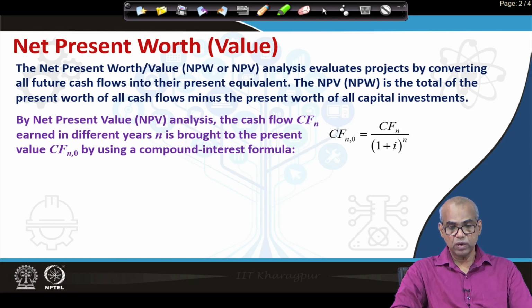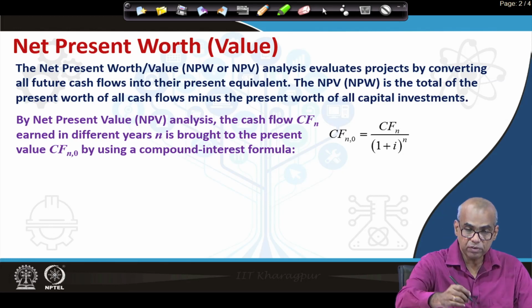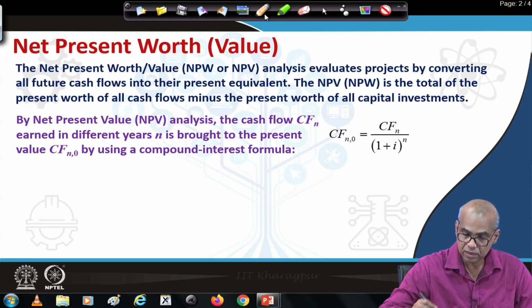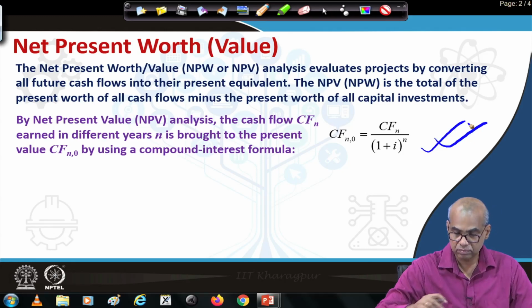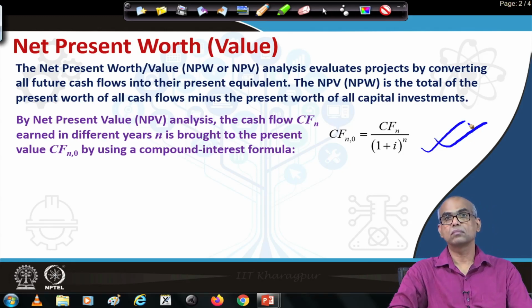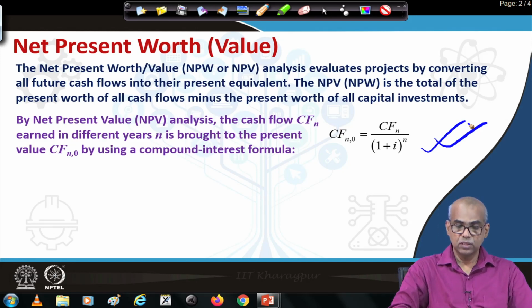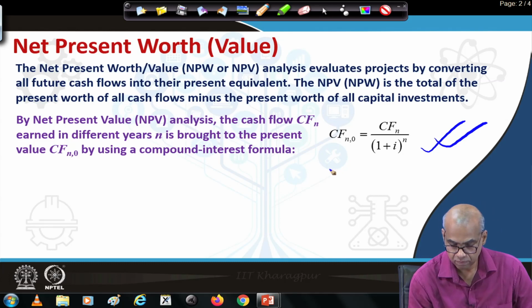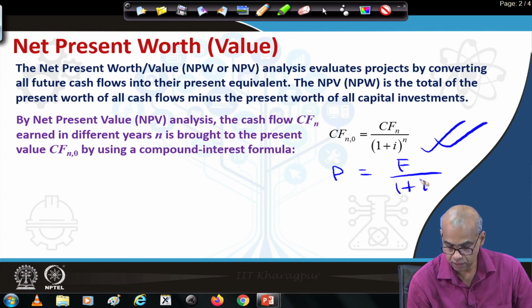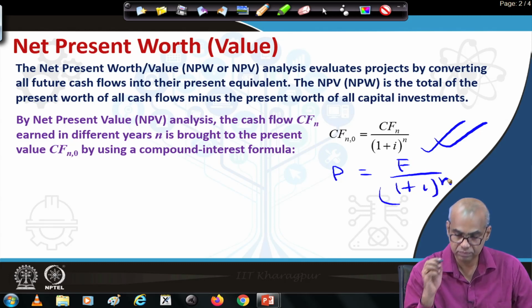By net present value analysis, the cash flow earned in different years is brought to the present value by using the compound interest formula, and you are familiar with this equation. This equation is nothing but P equal to F by (1 plus i) to the power n.